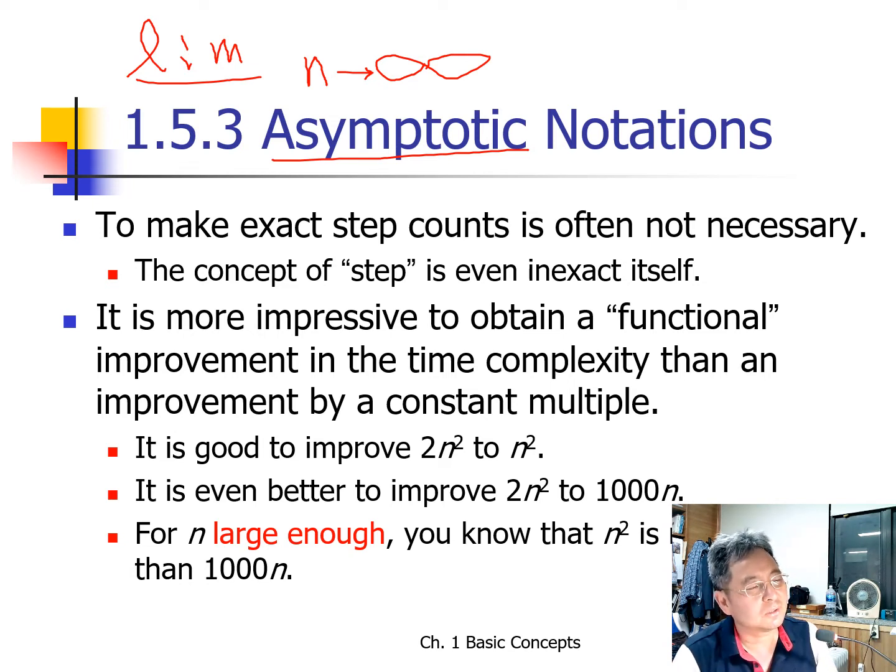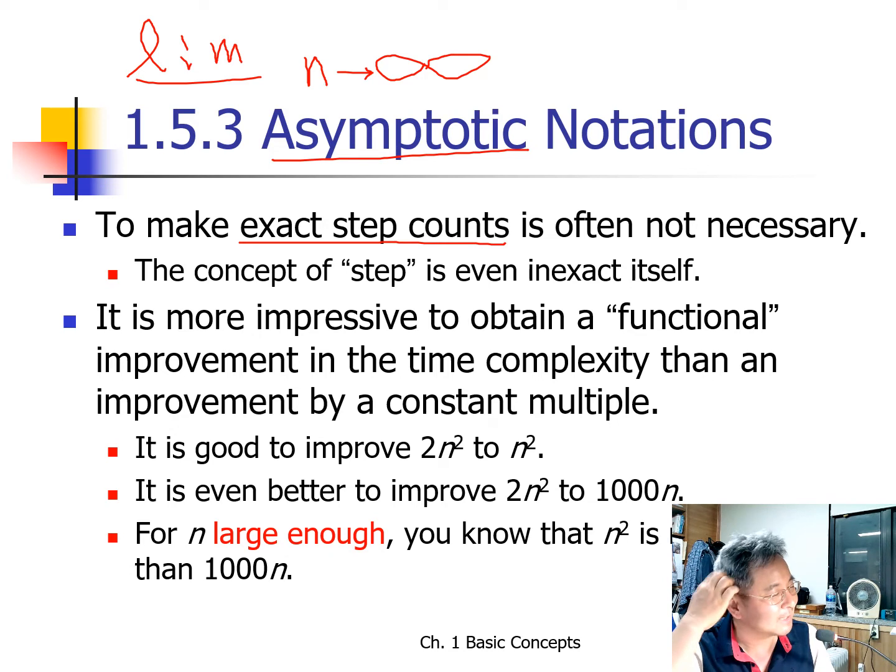Okay, so if we consider the previous worst case, average case, and best case, I think that exact step counting is not so necessary, because the concept of a step is not even exact itself.